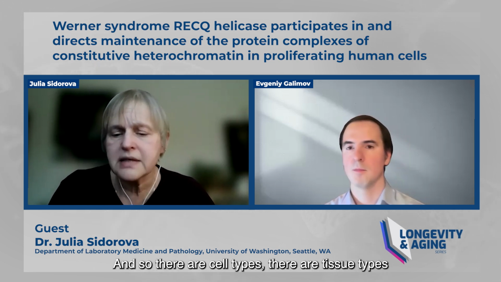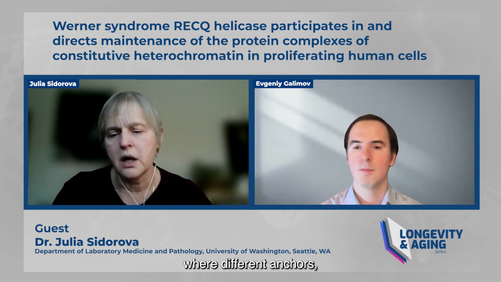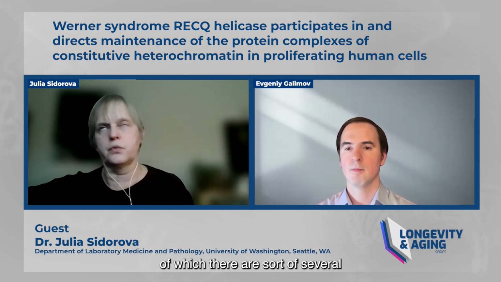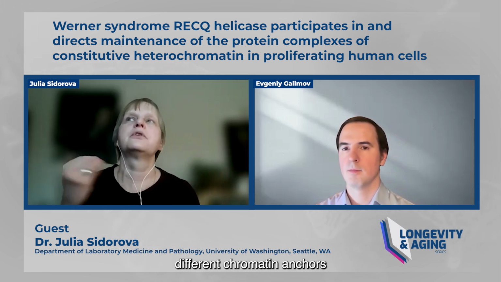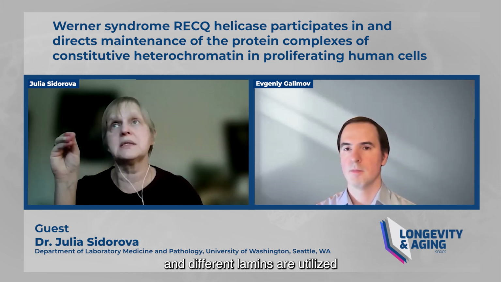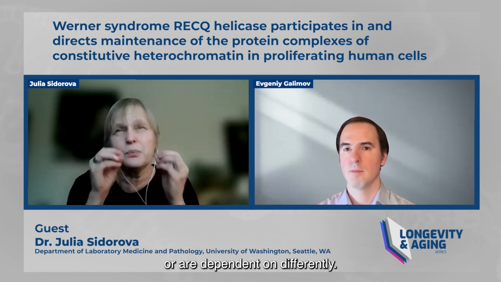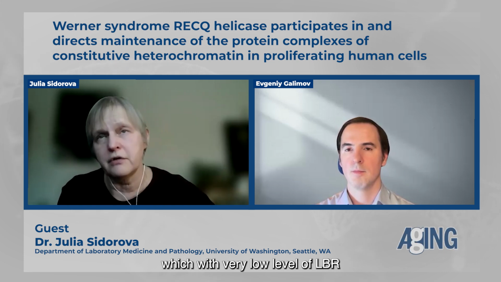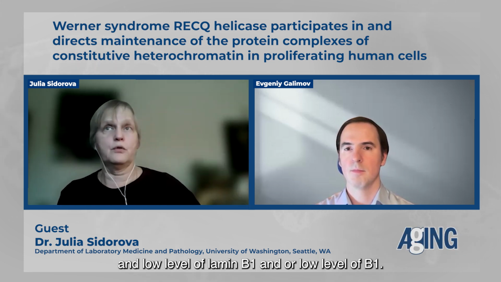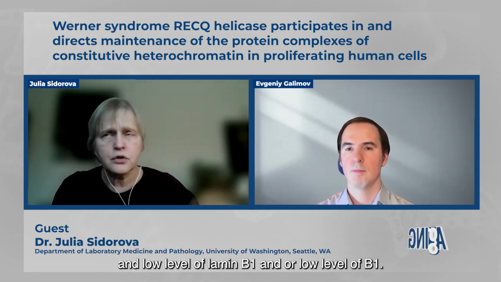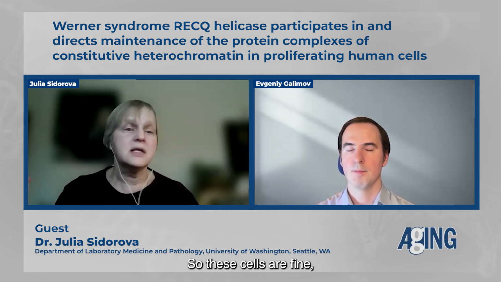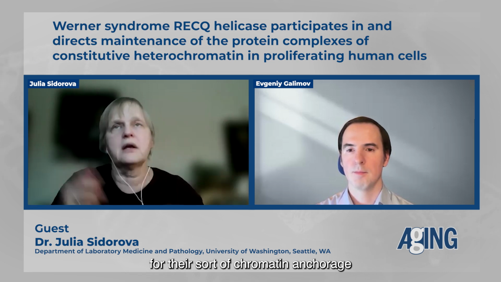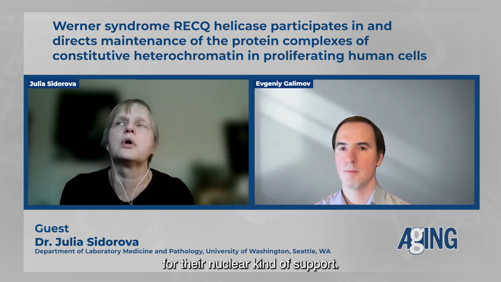There are cell types and tissue types where different chromatin anchors, meaning LBR versus other anchors, of which there are several, and different lamins are utilized or depended on differently. In other words, there will be cells with a very low level of LBR and low level of Lamin B1. These cells are fine. They just don't utilize these proteins for their chromatin anchorage, for their nuclear support.